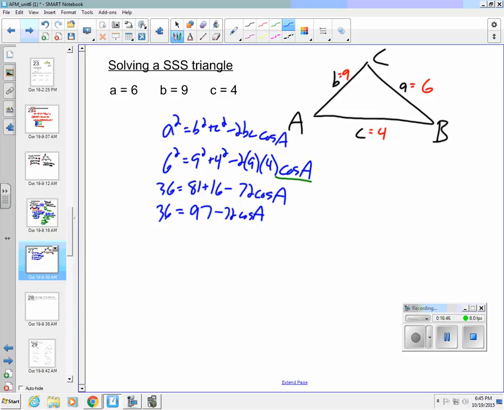We'll subtract that from both sides, move it over. Now I have negative 61 equals negative 72 cosine A.